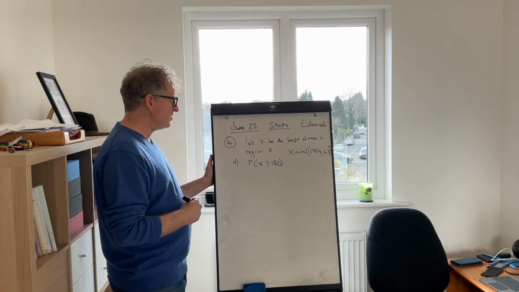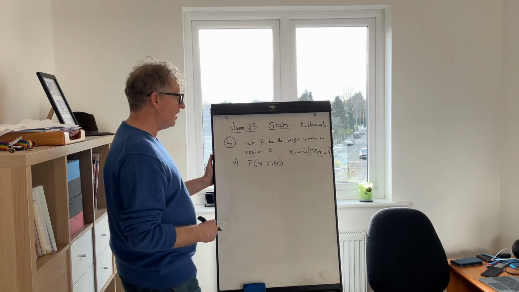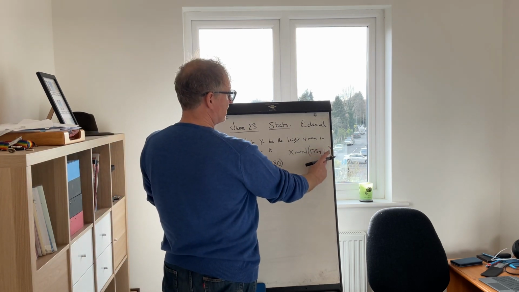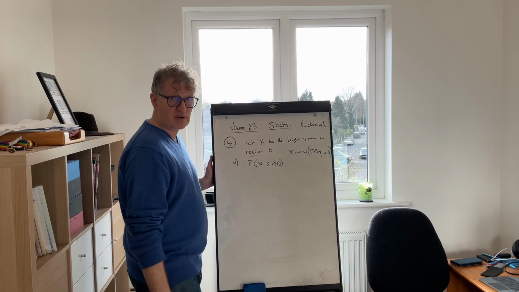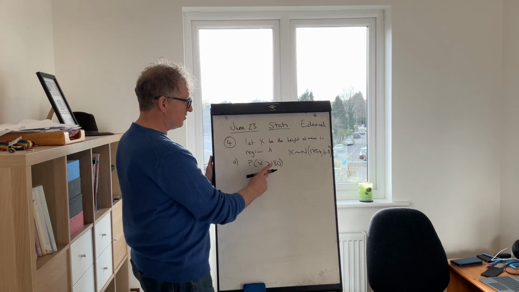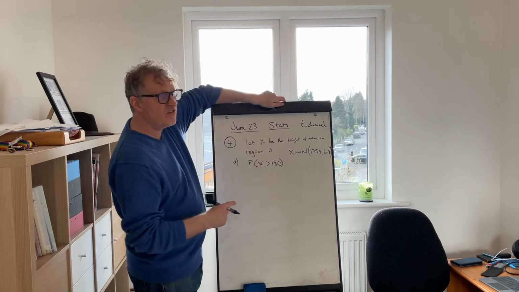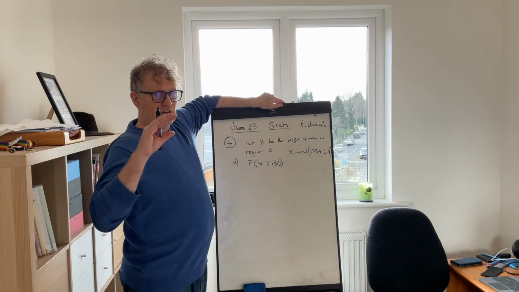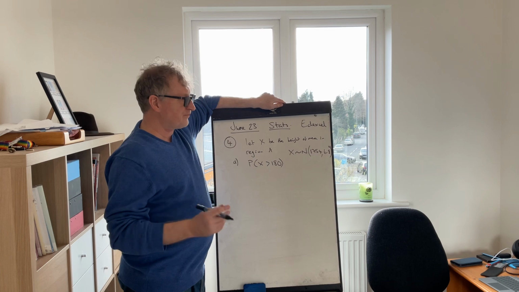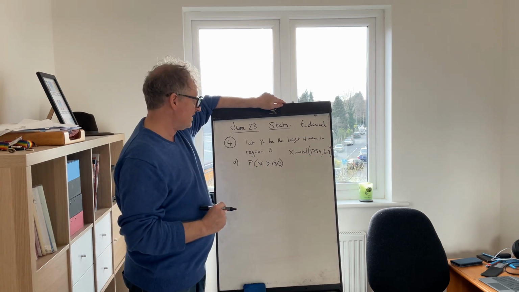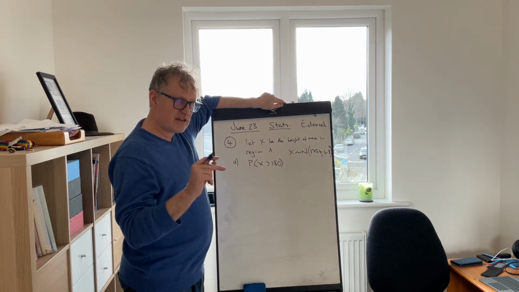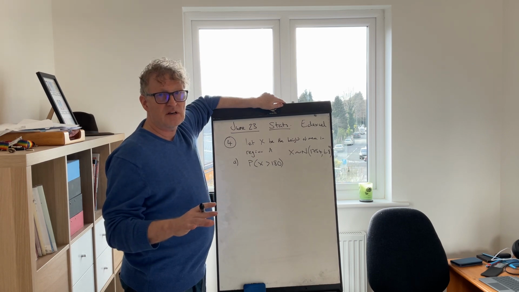It's only a 1 marker, so it's just a calculator job. We're putting 175.4 and 6.8 into our calculator. We are doing cumulative. It doesn't matter whether you put an equal to here or not. Normal distribution is continuous, so technically, the probability that X is dead on 180 is 0.